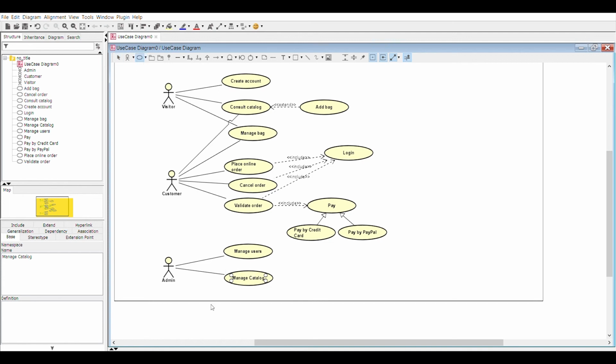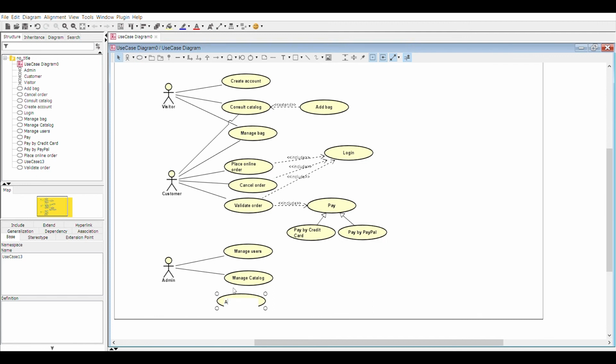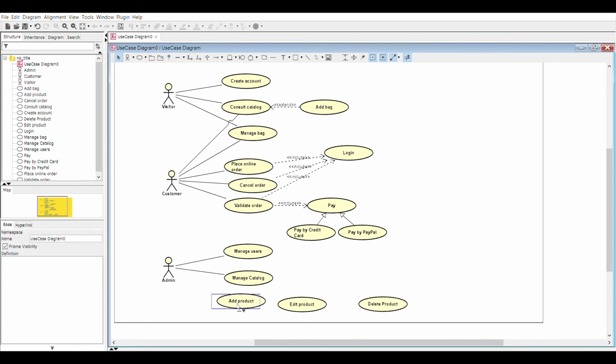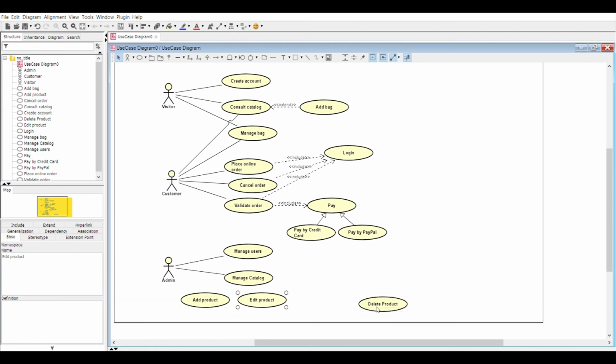So I will add here add product, edit product, and of course delete product. And I will add here a generalization between these elements.